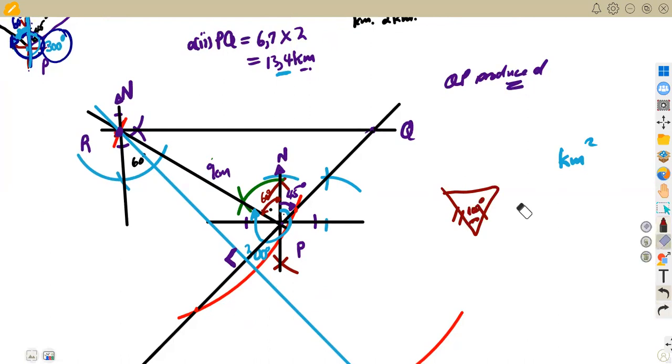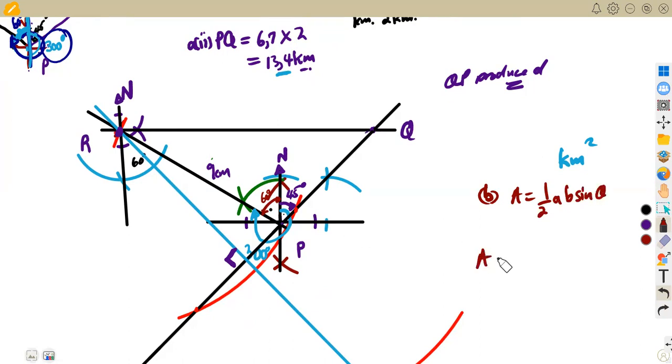We are going to use the area concept. When you are given a non-right angle triangle, the area is half ab sine theta. So our area is going to be half of these units in kilometers so that we obtain our answer in square kilometers. So that means we are going to have half of RP or PR.